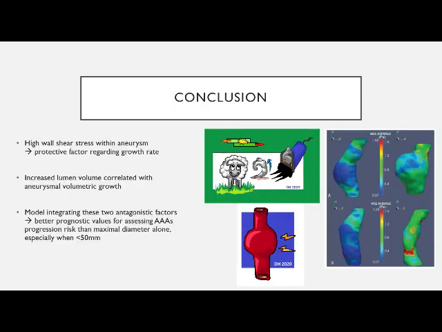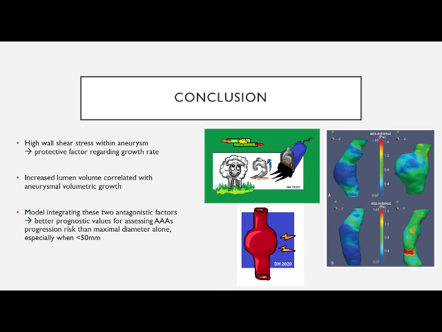So, concluding, the high wall shear stress within the aneurysm is a protective factor regarding the growth rate, right? High stress of this type that I've explained is a protective factor because of the mechanical degradation of the thrombus itself. Also, we have that the increased lumen volume is correlated with aneurysmal volumetric growth.